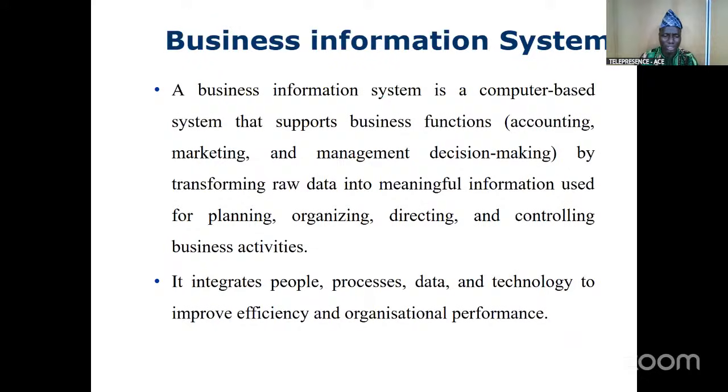You have to note the definition because we will want to ask you, what is a business information system? A business information system is a computer-based system that supports business functions, accounting, marketing, management, and decision-making by transforming raw data into meaningful information, and it's used for planning, for organizing, for directing and controlling business activity.